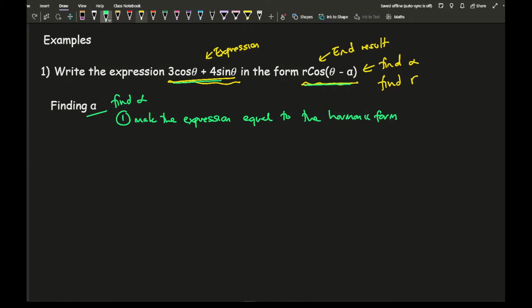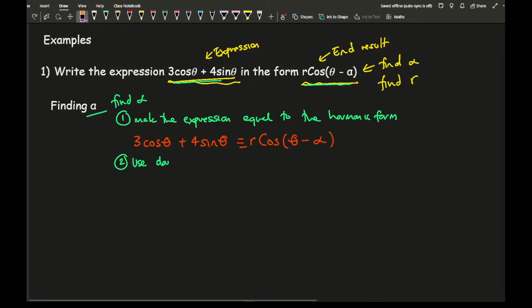So what we've got then is 3 cos theta plus 4 sine theta equal to r cos of theta minus alpha.